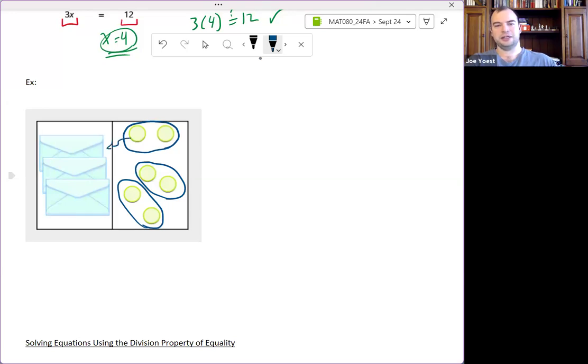So I can assign 1 group of 2 to 1 envelope, a second group of 2 to a second envelope, and a third group of 2 to a third envelope. And I can make this assignment to make it clear what's happening. I have 3x equals 6. This says x equals 2. Each envelope has to be associated with 2 counters.